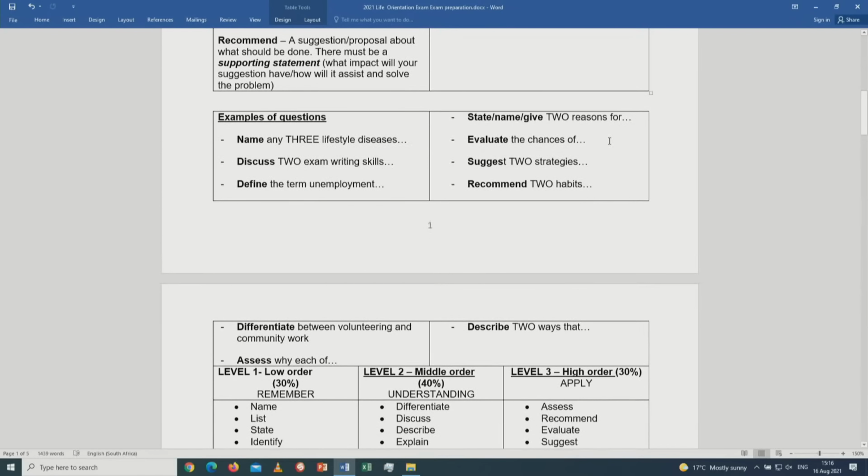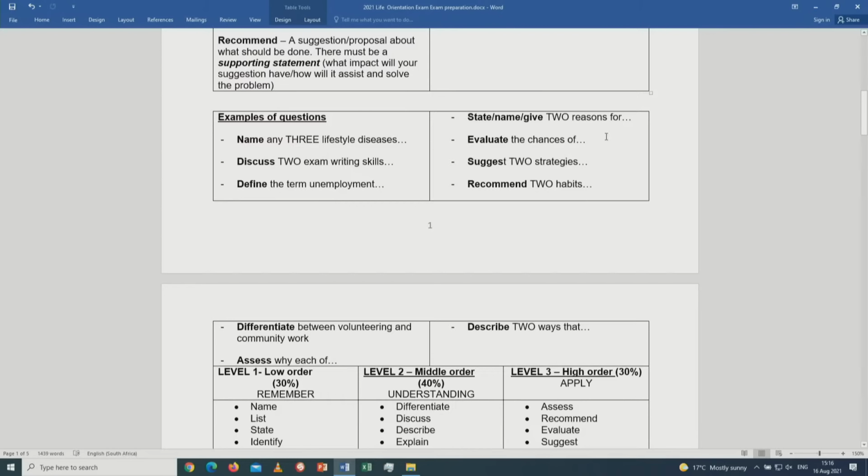And remember, with the life orientation question paper, it's not like other subjects where when you are using the past exam paper, some of the questions might be asked exactly as they appear on those question papers from the past. It is not the case with life orientation, because what we are assessing here is critical thinking skills more than knowledge.